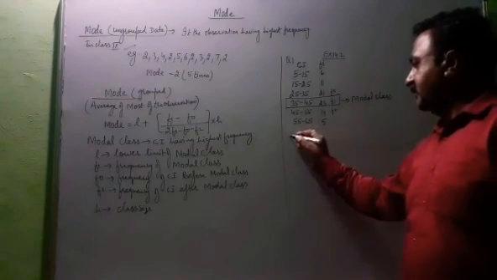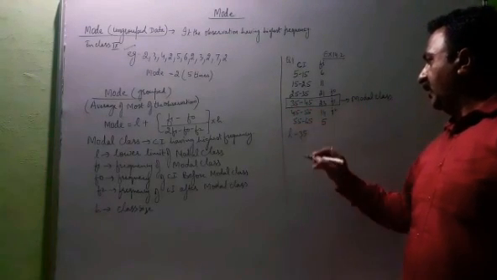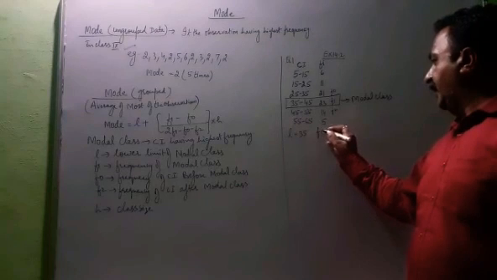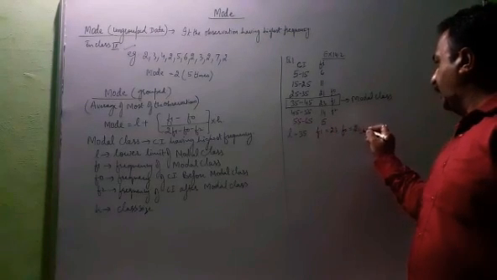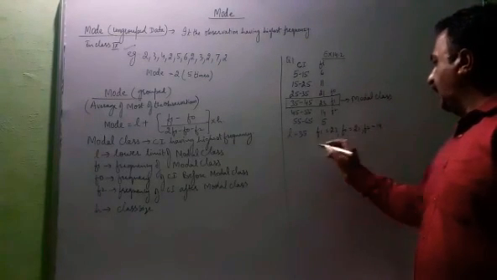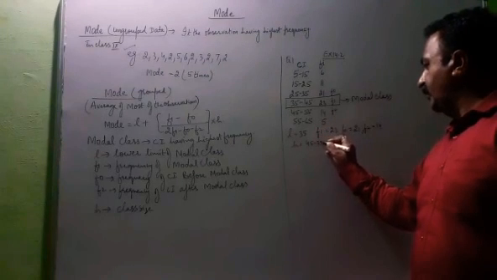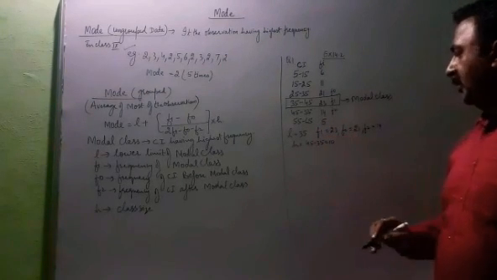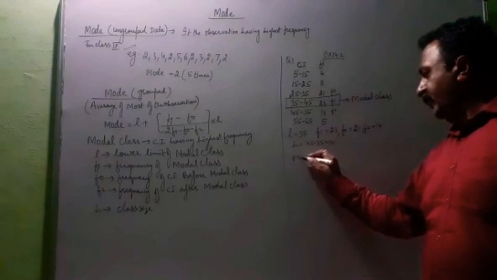So let's write down the values of the symbols. Lower limit of this interval is 35. Then F1 is 23, F0 is 21, F2 is 14 and H, that is upper limit minus lower limit, equal to 10. So fill up the values in the formula. Let's write down the formula first.